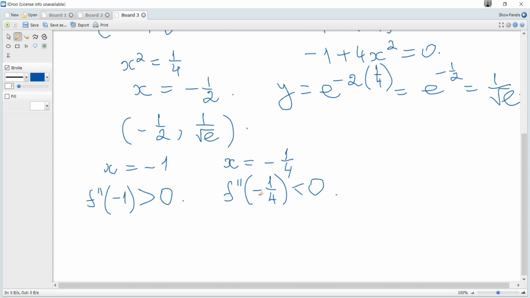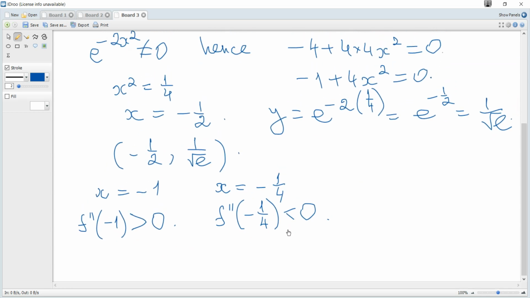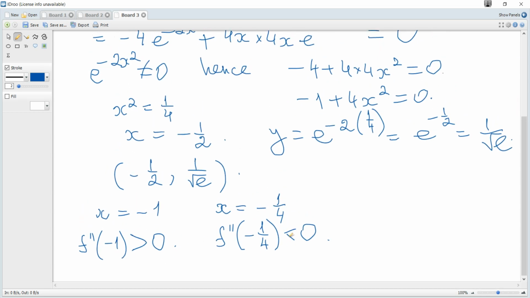Hence, and you should write this, the second derivative changes sign at x equals negative a half, hence the function changes concavity at x equals negative a half, therefore it's a point of inflection.